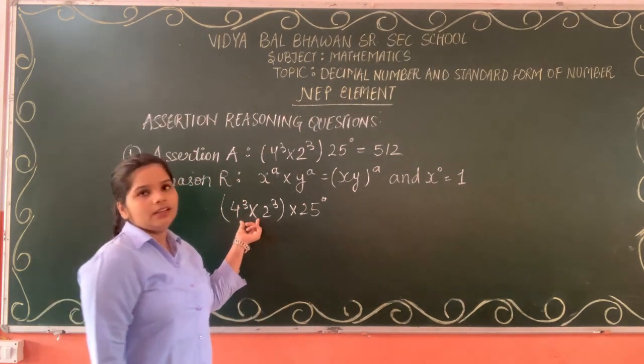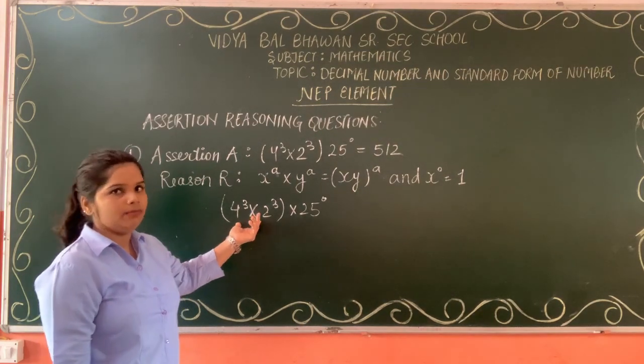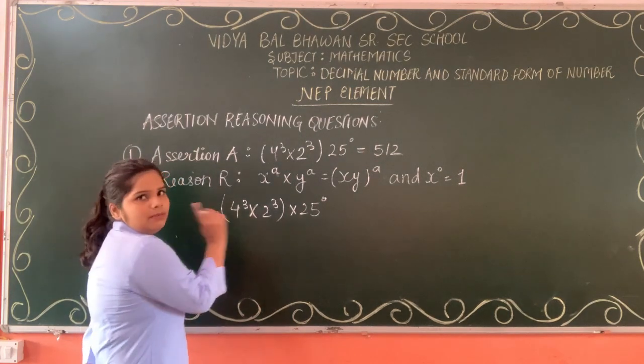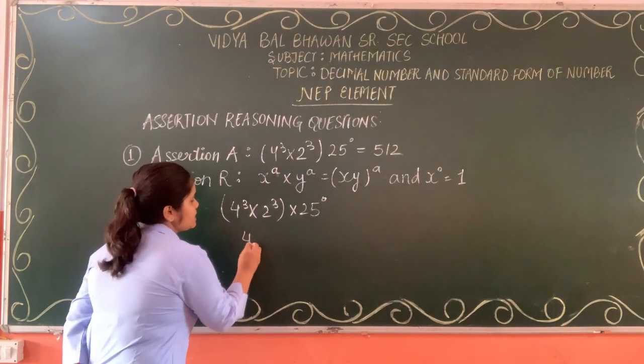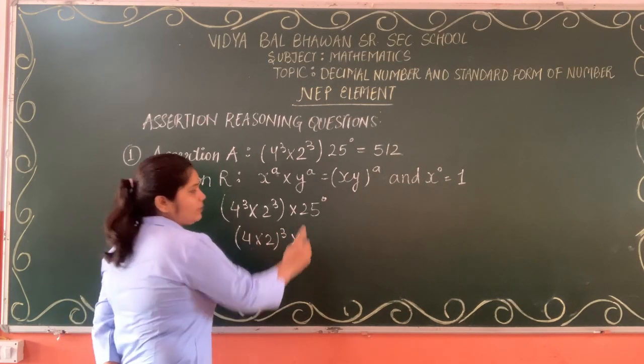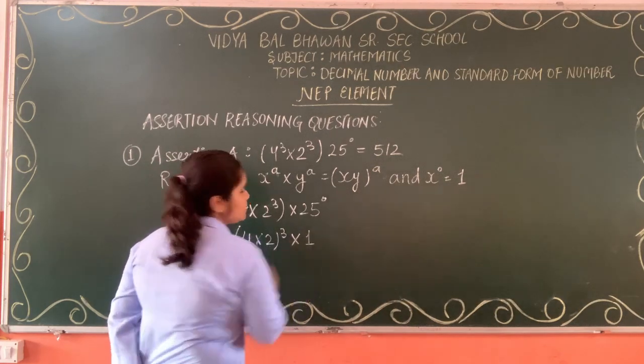Inside the bracket you can see bases are not same but the powers are same. In that case, if the powers are same and the numbers are being multiplied, bases will be multiplied and the power will be written like this. And 25 raised to the power 0, any number to the power 0 is 1.